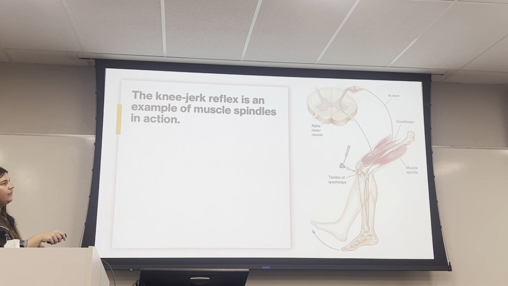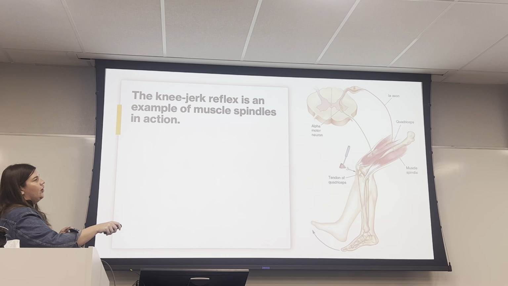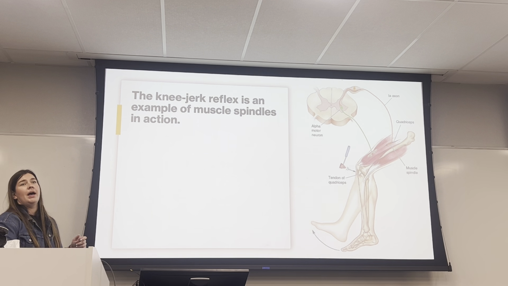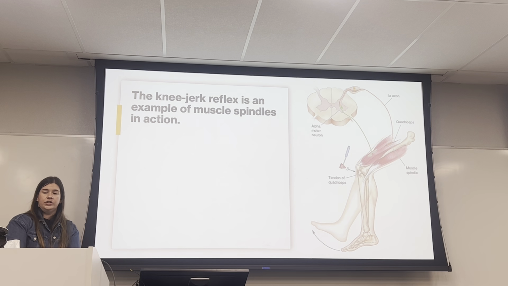If you use a reflex hammer and strike the tendon right here, not super hard, but enough to cause a little bit of stretch, the muscle spindle embedded deep in that tissue also stretches. That causes our group 1A axon to send signals really quickly to the alpha motor neuron, which comes back and tells the muscle, the quad, to contract a little bit. That's why when your doctor does that, your foot kicks out a little bit.